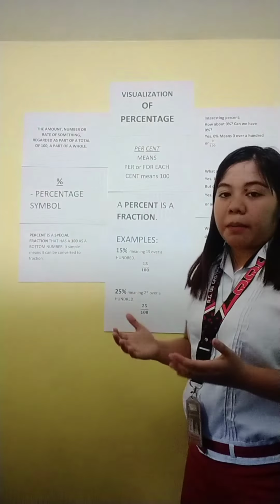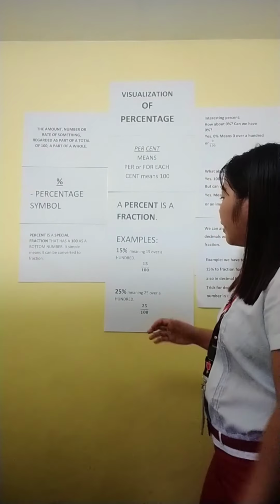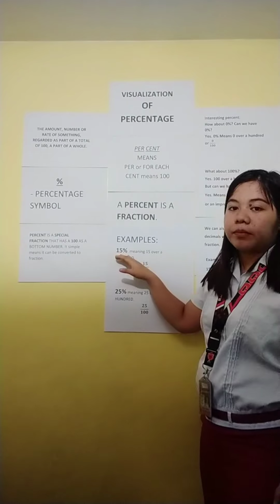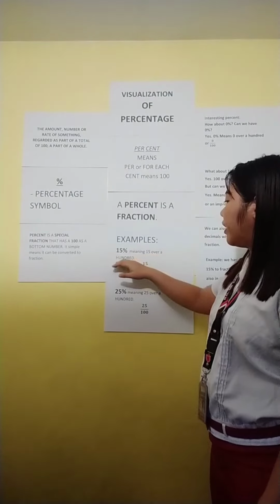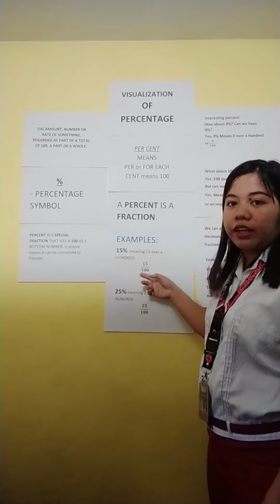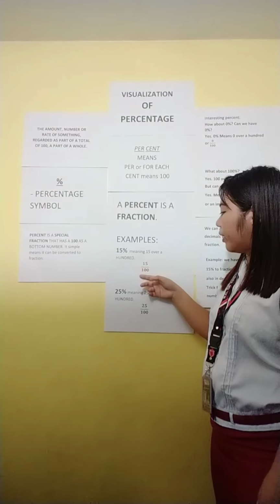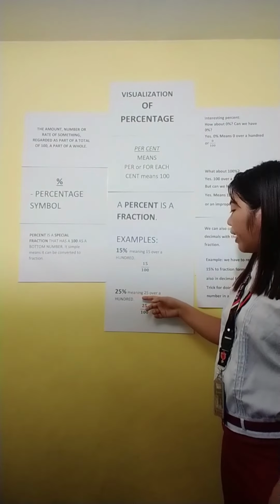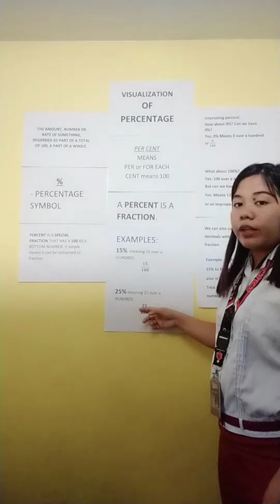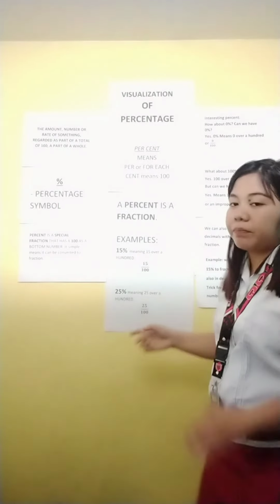Let's say for example we have 15%. 15% means 15 over 100. 25% means 25 over 100.